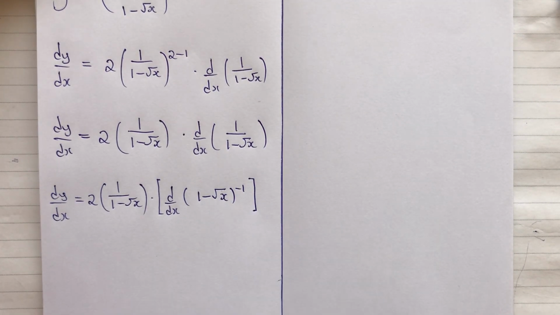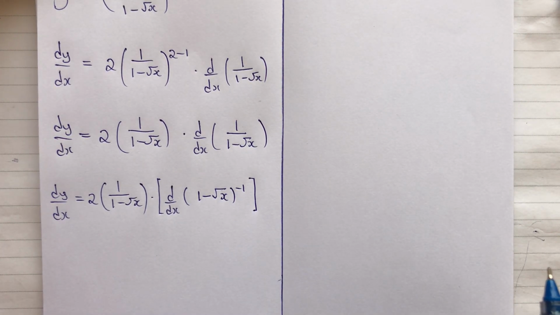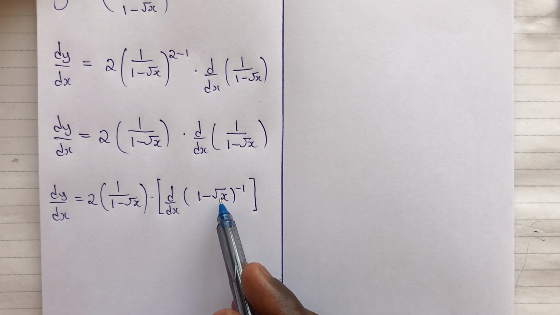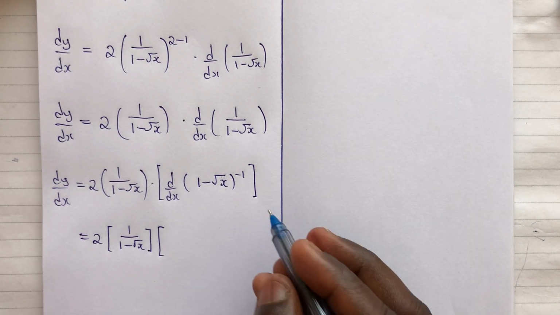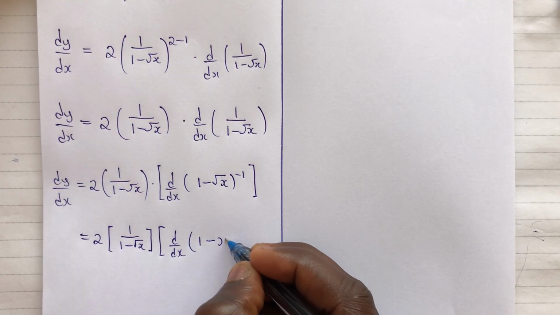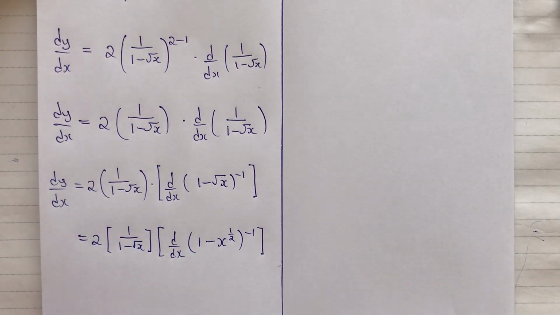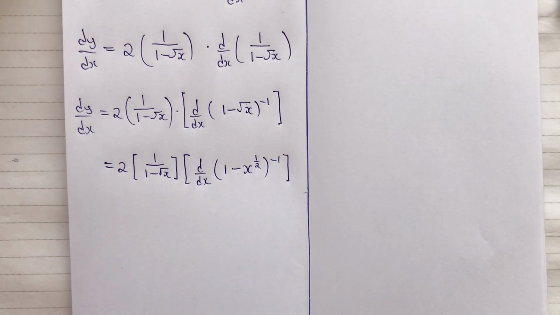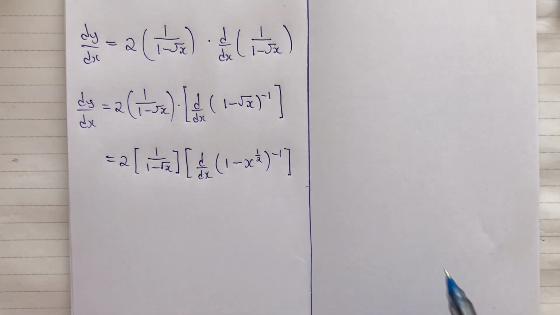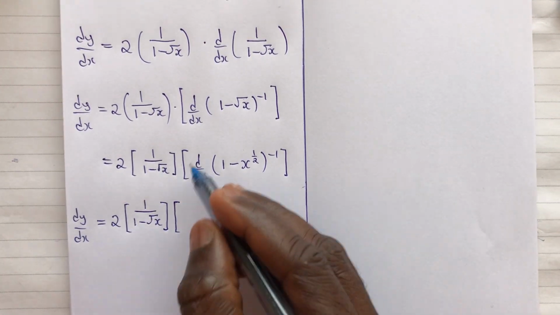I was supposed to change this, so let's change this root of x to x to the power 1 over 2 so that we can find it easy to differentiate. Now d/dx of 1 minus x to power 1 over 2, to the negative 1. Now do you get it? So this is very simple for us to differentiate now. So we can differentiate this, and then let's work on this side.